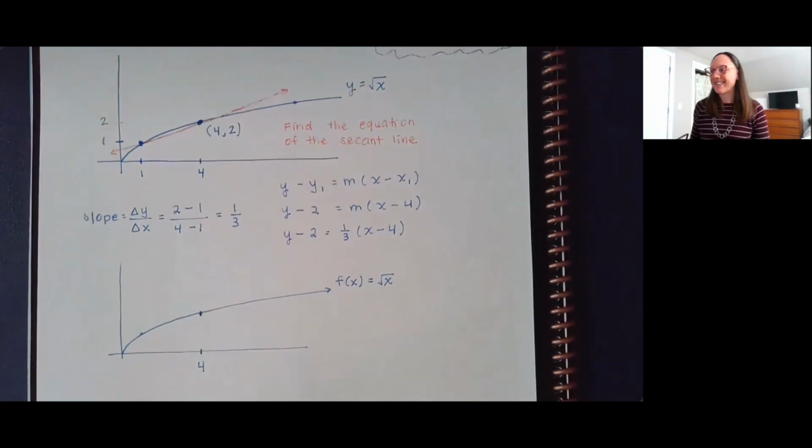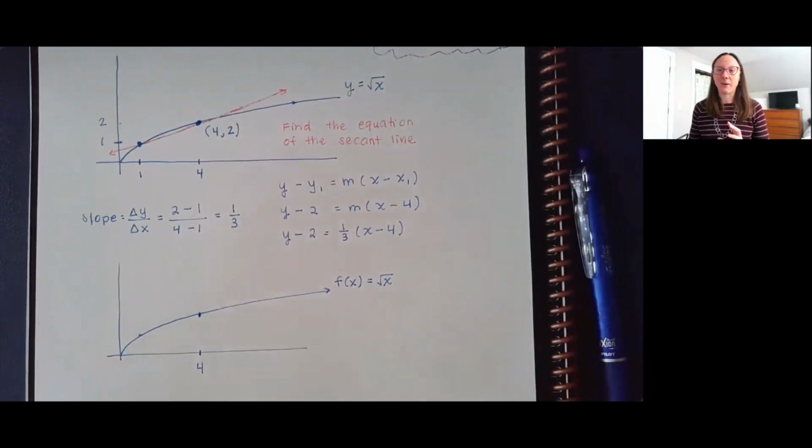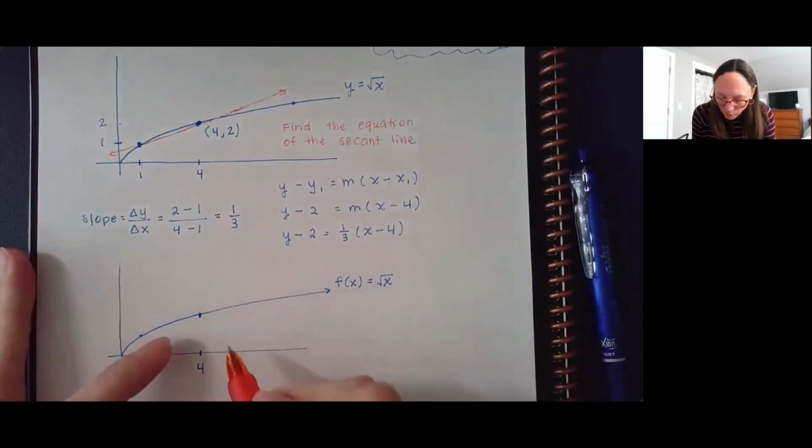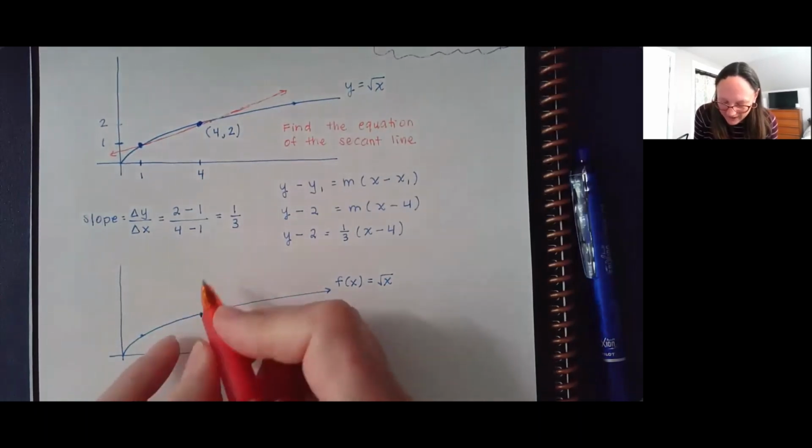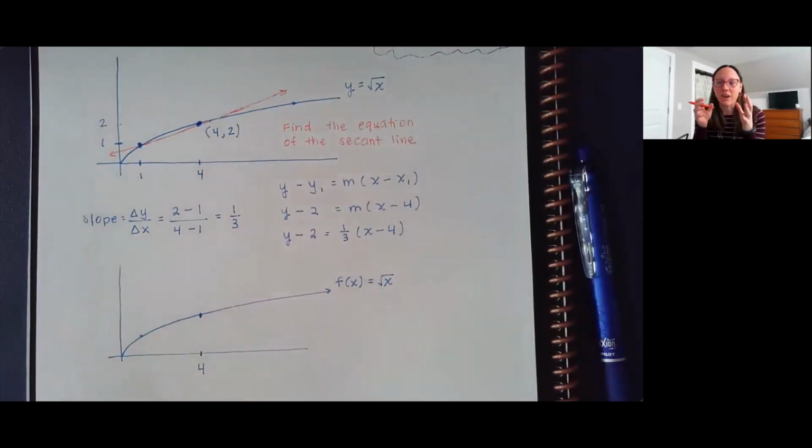Well, if instead of trying to find the secant line, meaning the line between 2 points, I wanted to find the equation of the line exactly at 4, we have a different name for this line. We call this the tangent line. And really, we're imagining if we were able to zoom way in on that point, if we got close enough, this graph right near that point would look like a straight line.